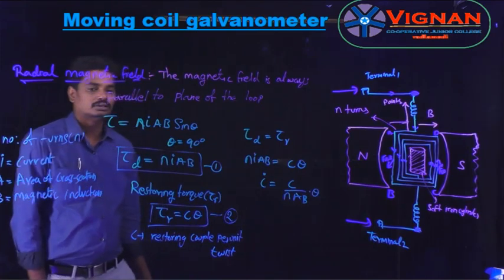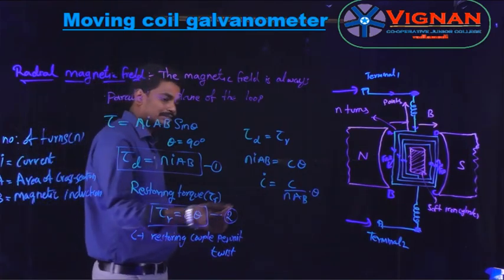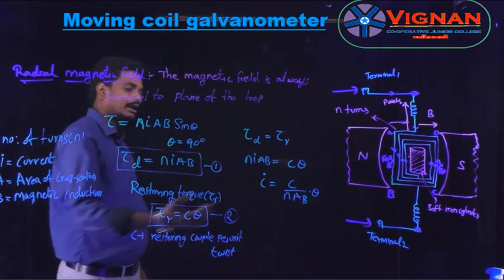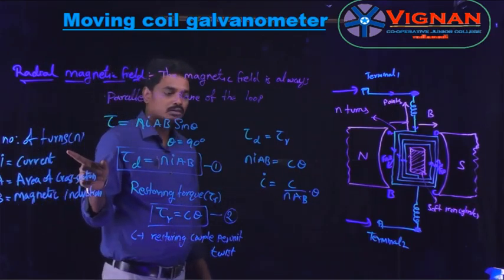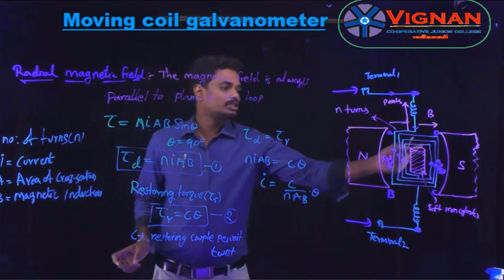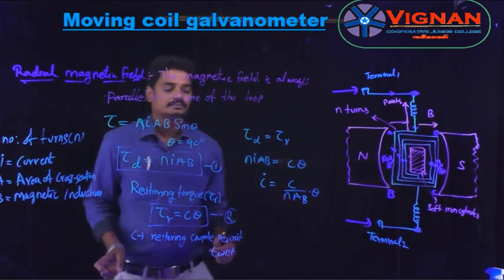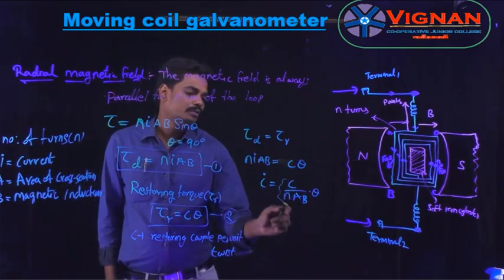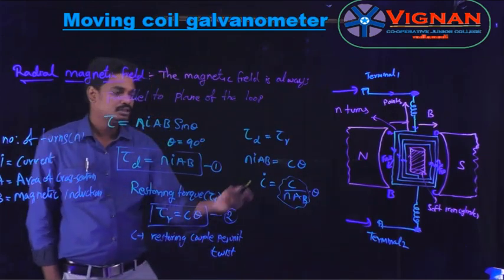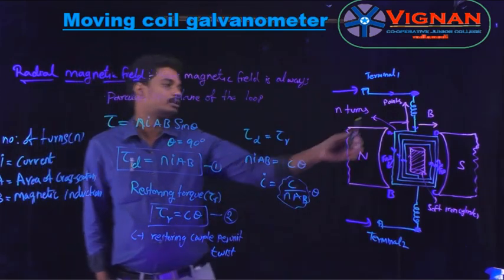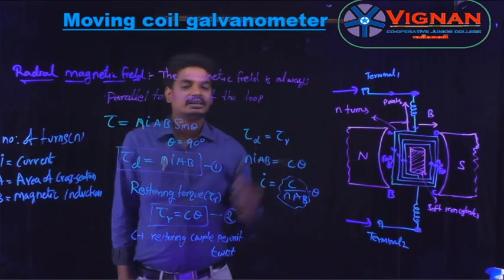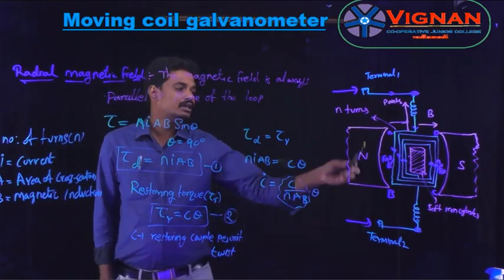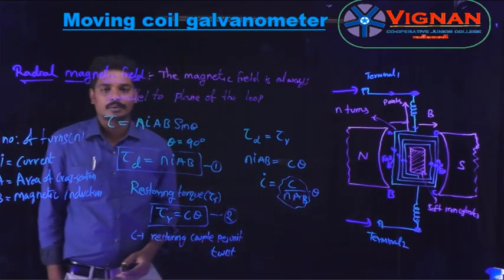Here C is the restoring couple per unit twist, N is the number of turns, A is the area of cross section of this rectangular loop, and B is the magnetic field. C is constant, which depends upon the material with which the spring is made, N is the number of turns, A is the area of cross section, and B is the uniform magnetic field or magnetic induction.